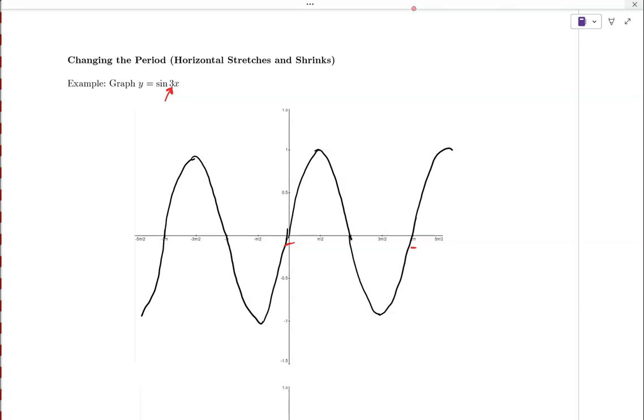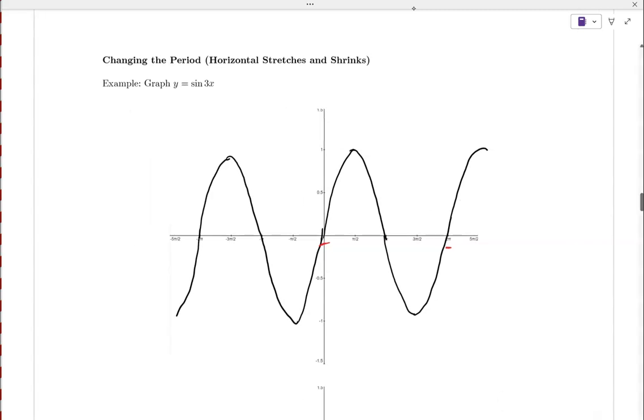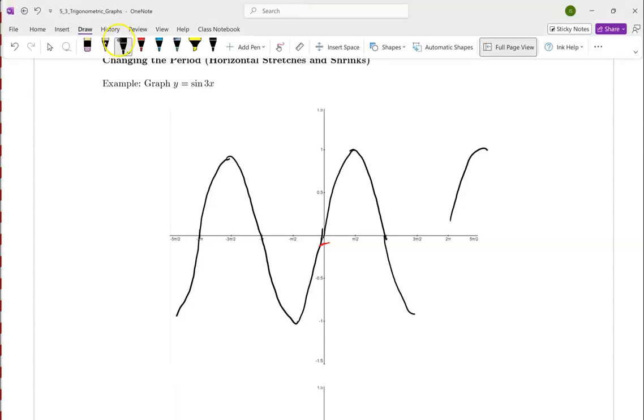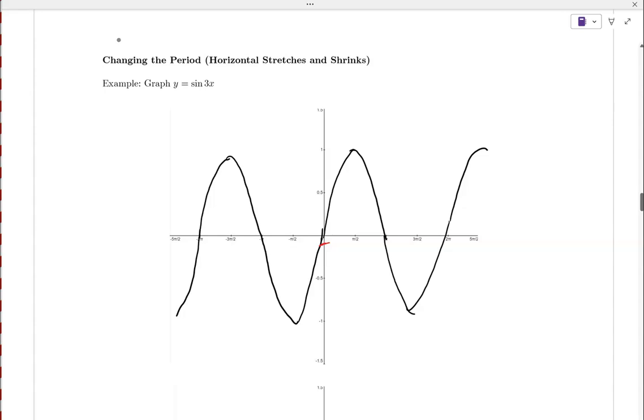So the easy way to do this, rather than redrawing, is change the scale on your graph. Where this is 2 pi, instead of 2 pi, that last number should be 2 pi over 3.